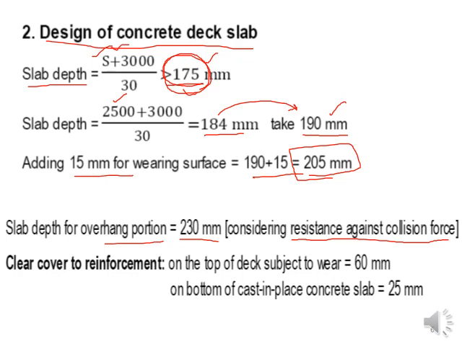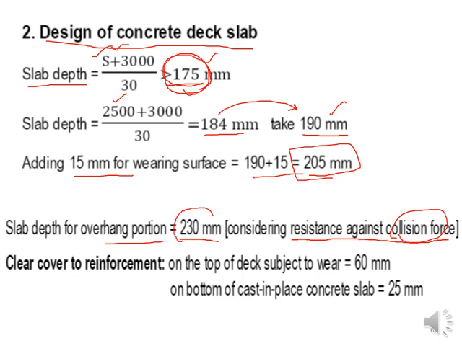Within the overhang part, the curb is there, so it can be used for the sidewalk, for the pedestrian load, and for the barrier loads. In that case, accidents can happen, and the overhang part can experience Coulombian forces, the impact forces.